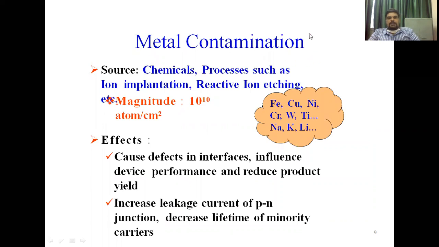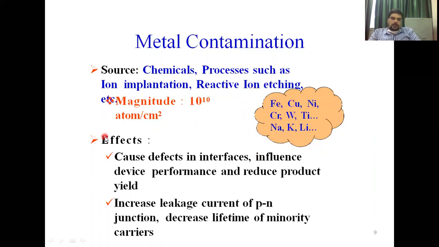Let's consider what is metal contamination. The sources of metal contamination are chemicals and processes such as ion implantation, reactive ion etching, etc. The magnitude of impurities is in the range of 10 raised to the power 10 atoms per centimeter square. These are certain metals that can be contaminated on the wafer.